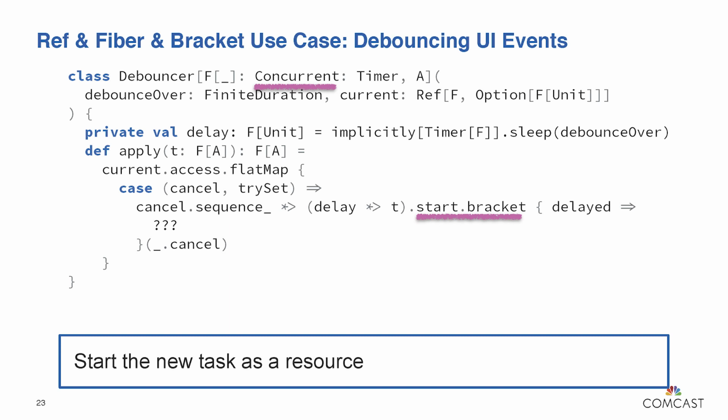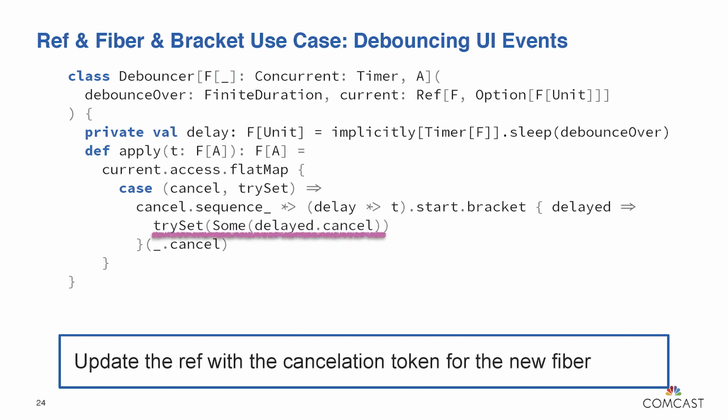So if we're canceled or otherwise fail, we have no situation where we leak that resource. So we start it. We call bracket. We've got to now do something with the started up delayed program. But if for any reason the body, where we currently have these question marks, fails, we cancel the overall returned fiber.